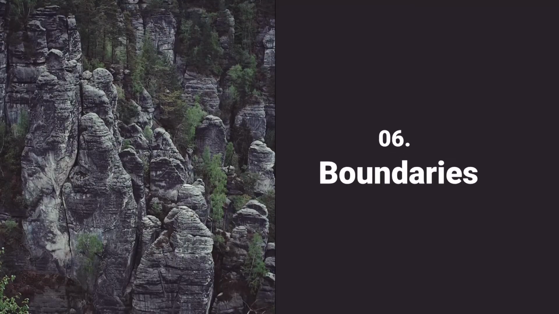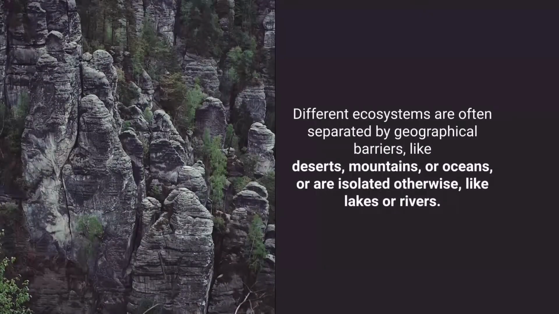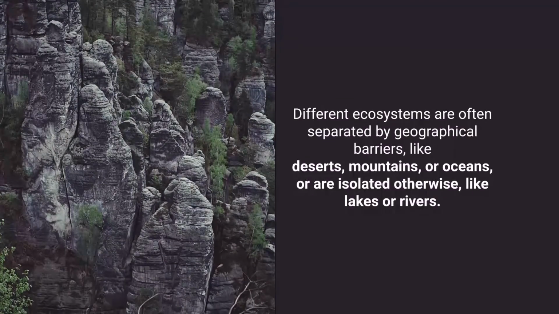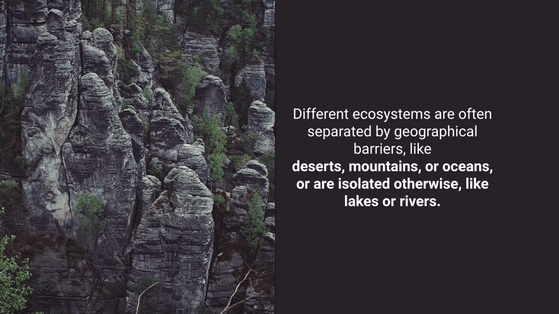The sixth important structure of an ecosystem is boundaries. The boundary of an ecosystem is not always easy to delineate. Different ecosystems are often separated by geographical barriers like deserts, mountains, oceans, or other isolating natural characteristics like lakes or rivers. But these boundaries are never rigid, and ecosystems tend to blend into each other.